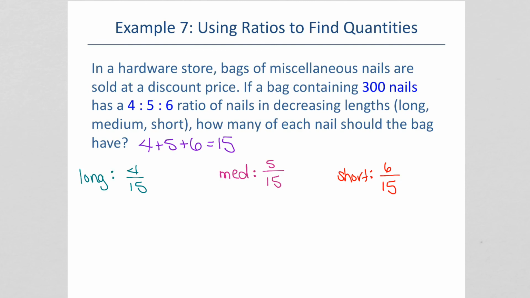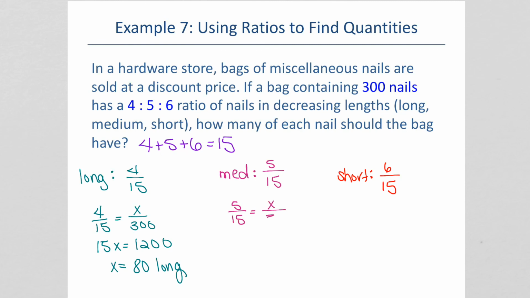So let's find out how many long nails are in the bag. We would say 4 over 15 equals x over 300. Cross multiply. There would be 80 long nails. For the medium, we take 5 over 15 equals x over 300.